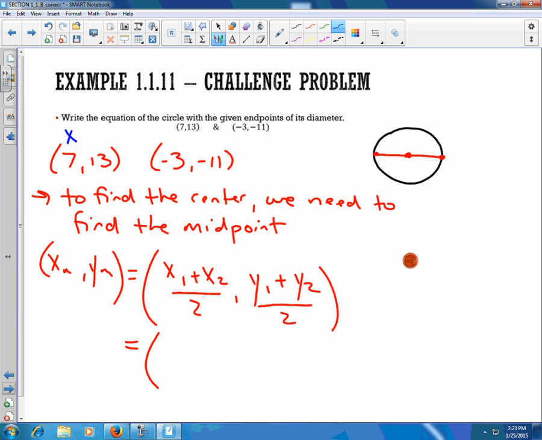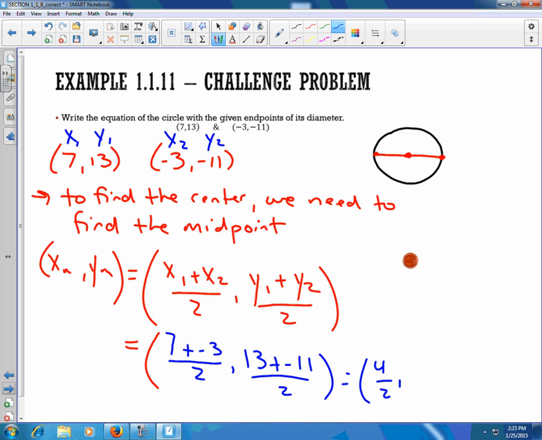So if we label our points x1, y1, x2, and y2, then we have (7 plus -3) over 2, and (13 plus -11) over 2, which gives 4 over 2, and 2 over 2, which gives us the point (2, 1). So the center of this circle lies at the point (2, 1).